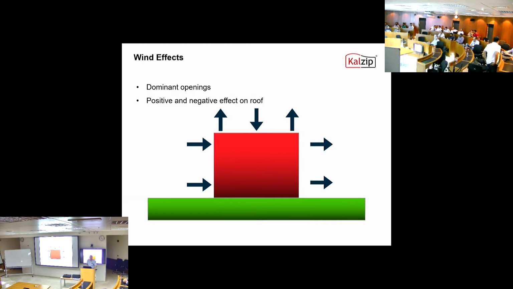You have to be careful to consider any dominant openings in that building, and we also have to look at the positive and negative effects of the wind on the roof. You've got positive pressure here, negative pressure, positive pressure, and potentially negative pressure here as the wind acts on the building.